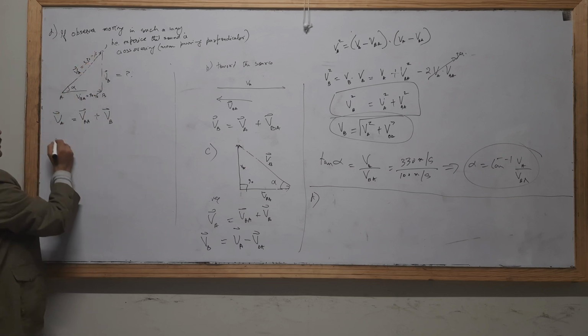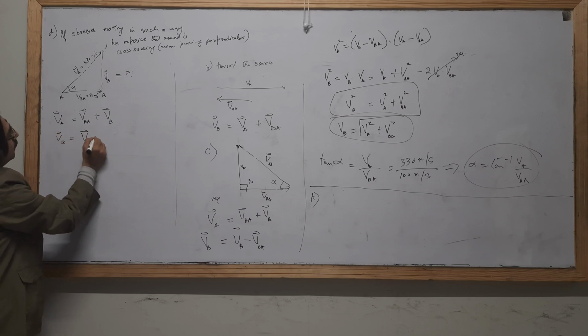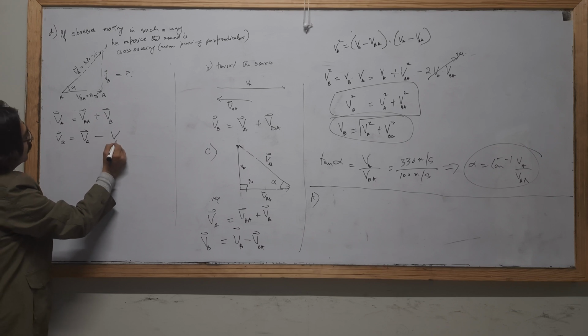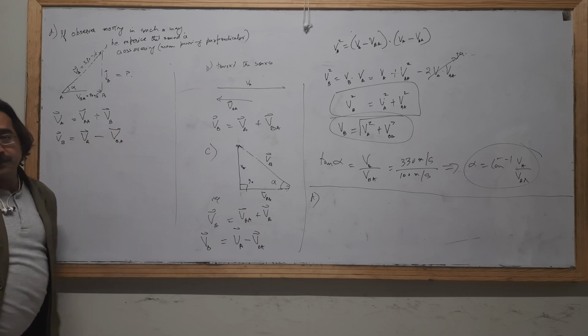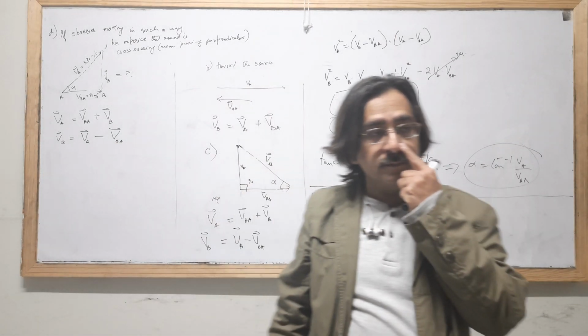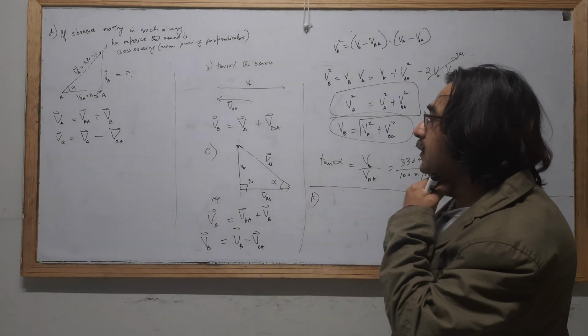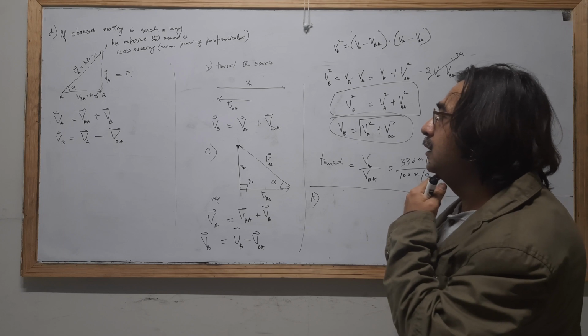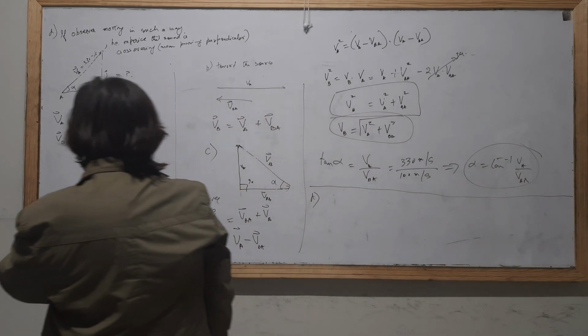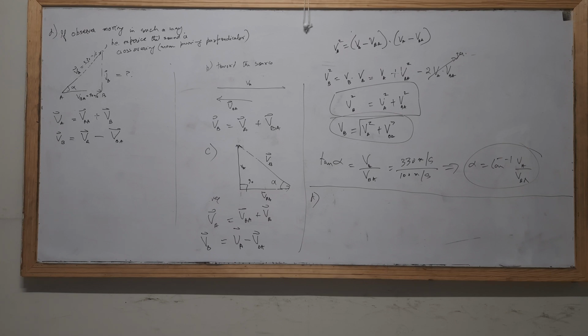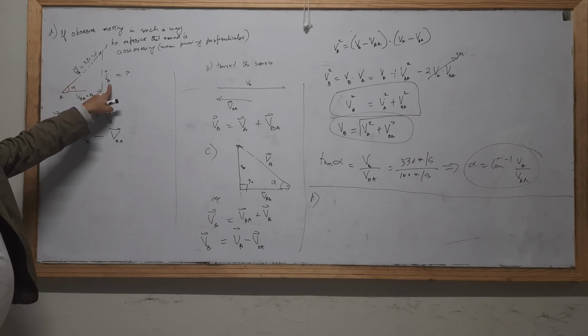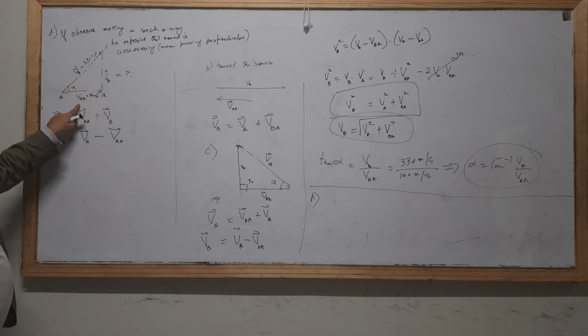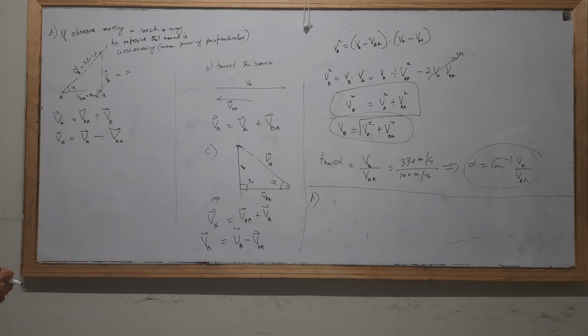So that means VB will be equal to VA minus VBA.